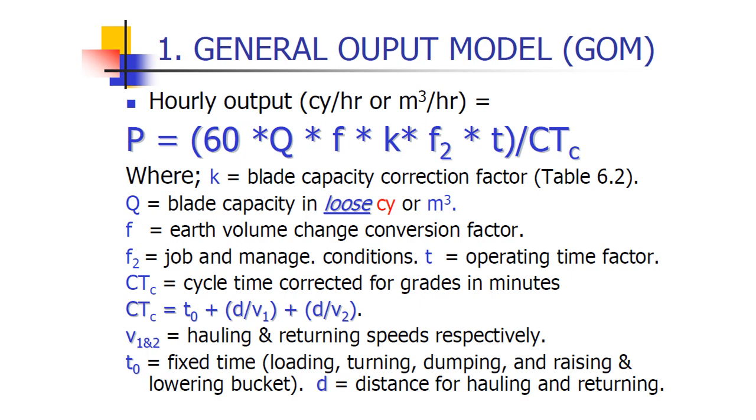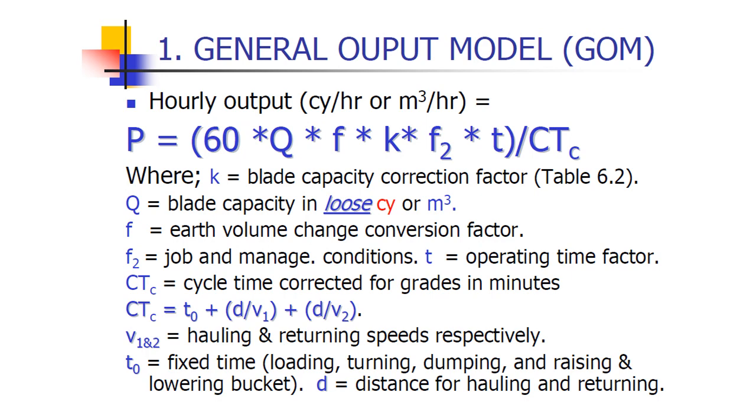So in order to deal with contractors properly, you need to have it in banked units, and also because unit prices typically are given per bank cubic yard or per bank cubic meter. So you need to change the earth volume, and of course there are job and management conditions, the F2 factor.